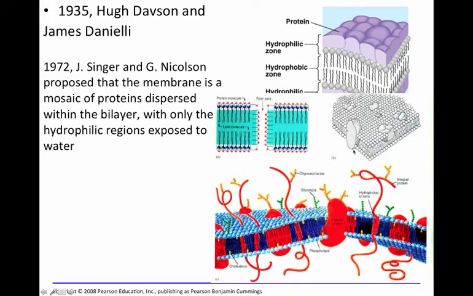Some of them are transmembrane and cross the entire membrane, as you see here, integral proteins. So it's a mosaic of proteins dispersed within this bilayer, and the only regions that are exposed to the water are the hydrophilic regions. This is the widely accepted model today.